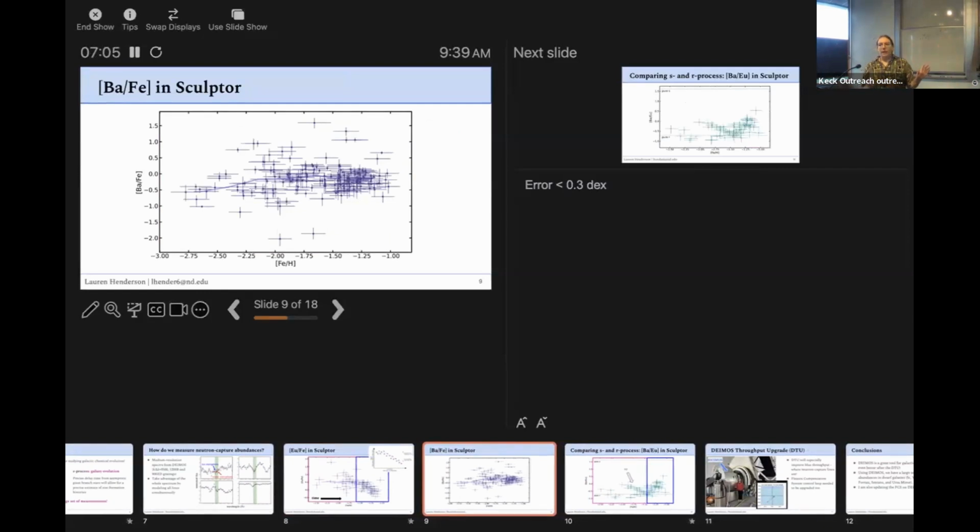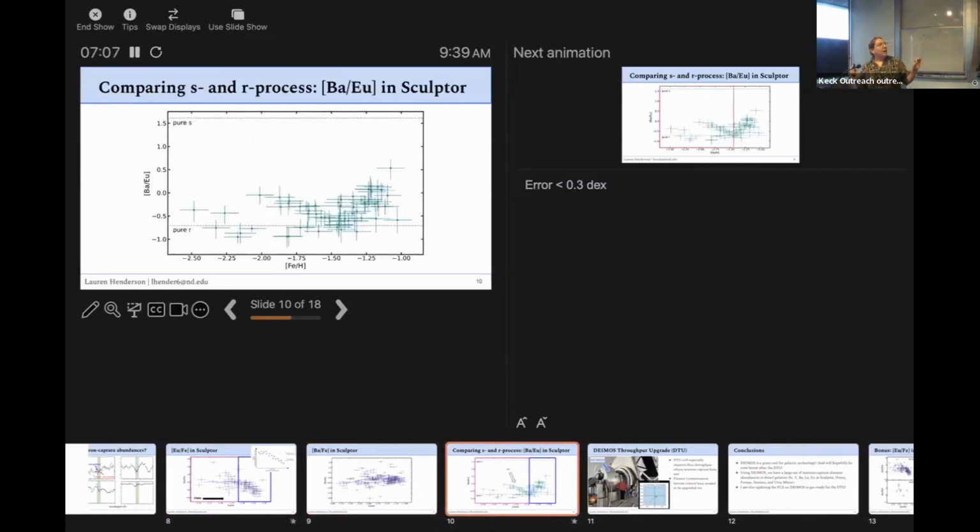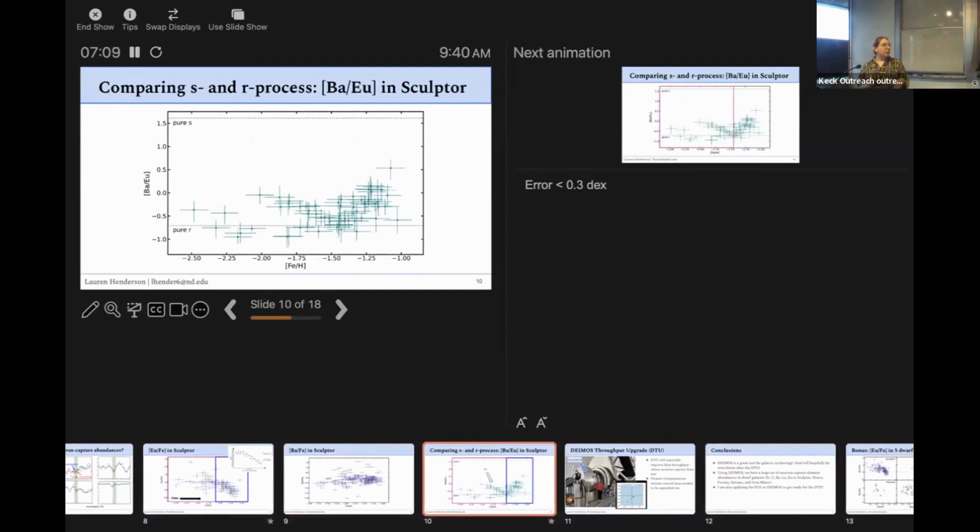And then one more way we can compare the nucleosynthesis in these dwarf galaxies is to more directly compare two elements. So we can plot the ratio of a primarily s-process element like barium to a primarily r-process element like europium, which is what we have on the y-axis. And the x-axis is still metallicity, so we can still think of that as time.